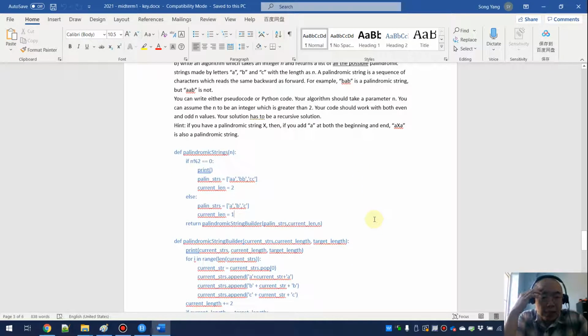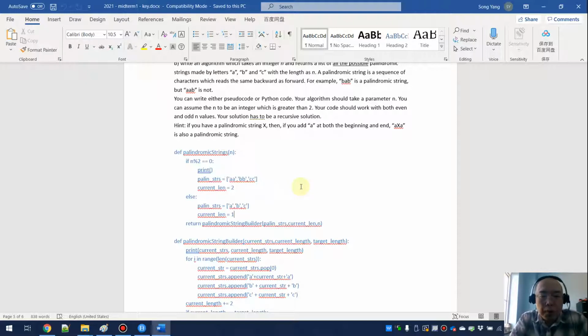My solution is, I want to create two sets of the seeds. And the reason I want to create two sets of the seeds is, I don't know whether this n is going to be an odd number or an even number.